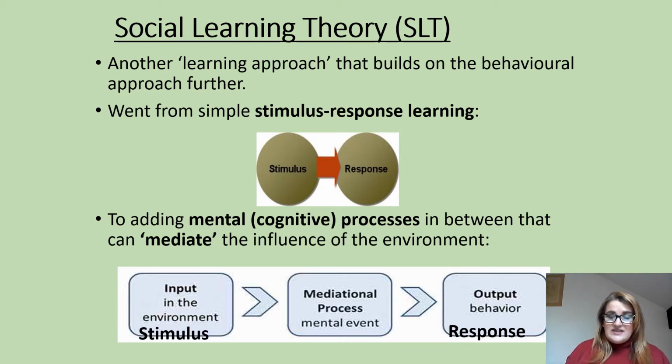Yes, we still have that stimulus from the environment, but there's some mediational processes involved. So we're paying attention to something, we retain that information, we try and reproduce that behaviour, and we're motivated to do it. So there's a bit of reinforcement there as part of that. And then our output behaviour is the response.